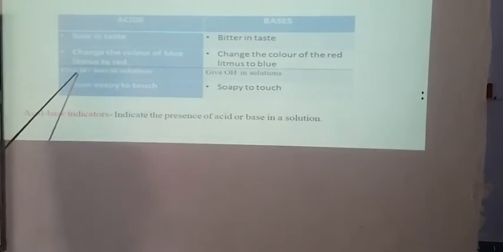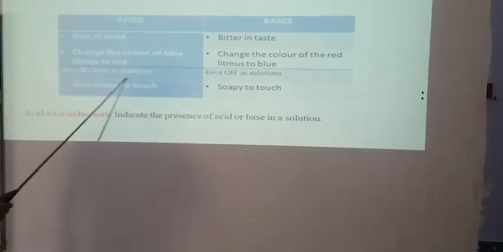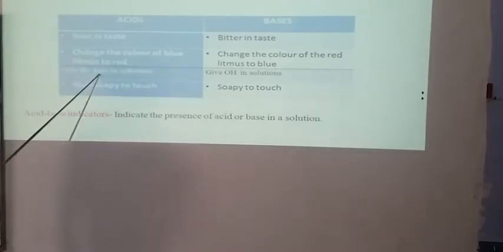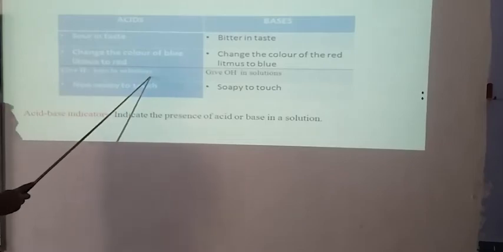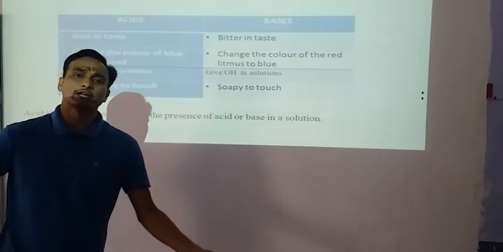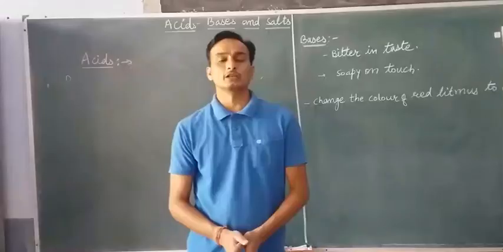Acids are the substances which give hydrogen ion or hydronium ion in solution. This definition was proposed by Arrhenius. According to Arrhenius, bases are the substances which give hydroxide ion in solution.